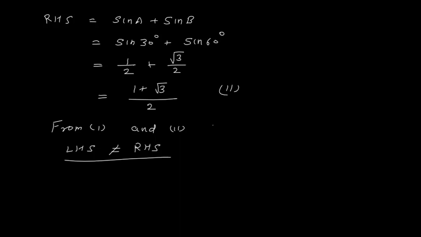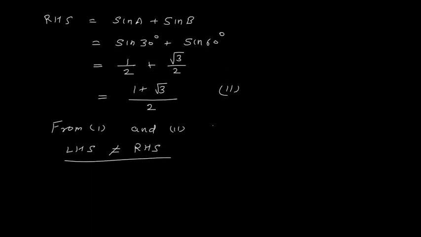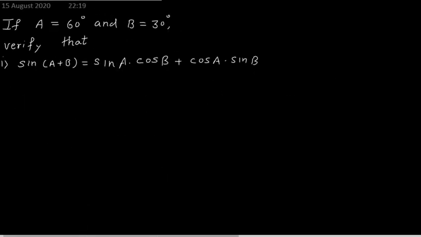Right now the LHS is 1 and RHS is 1 plus root 3 divided by 2. So therefore sine of A plus B is not equal to sin A plus sin B. Comfortable? Yes. Okay. Now let us move to the next problem.